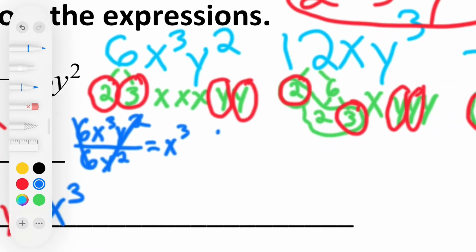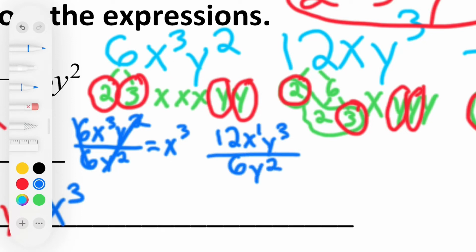Then we had 12x to the first. Go ahead and put that 1 there if you have difficulties with the understood exponents. Y to the third over 6y squared. So 12 divided by 6 is 2.